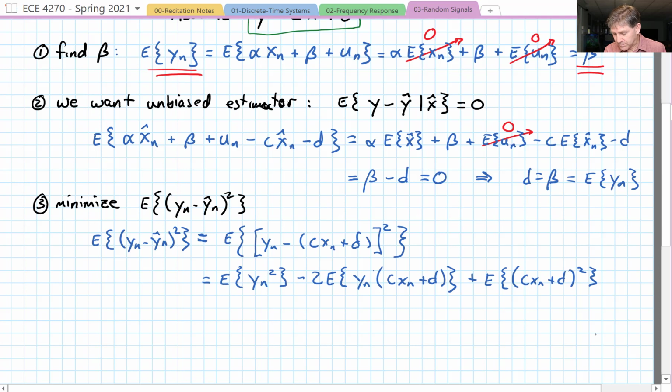So we've already constrained d to be beta, and that constraint came from the desire to have an unbiased estimator. So now, to get the correct c, we're going to do our traditional quadratic minimization by taking the derivative with respect to c and setting that equal to 0.